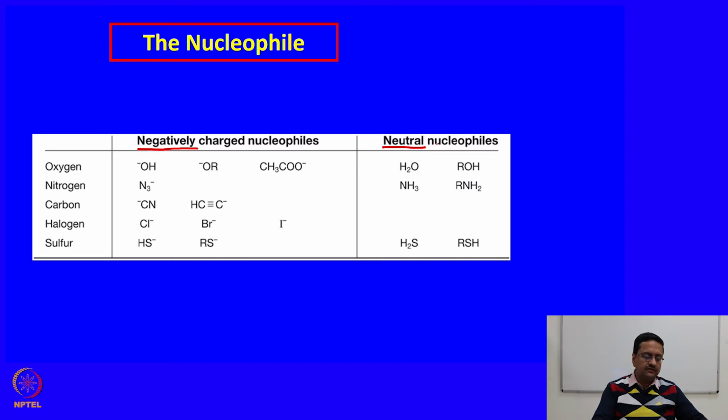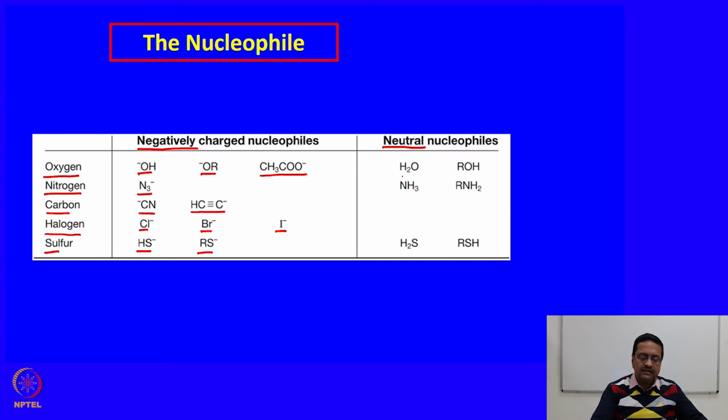Negatively charged nucleophiles can be oxygen based, that is OH minus, OR minus, acetate or any other carboxylic acid anion. Nitrogen based like azides, carbon based like cyanide or acetylide, halogen based which may be chloride, bromide or iodide, sulfur based which is SH minus or RS minus.